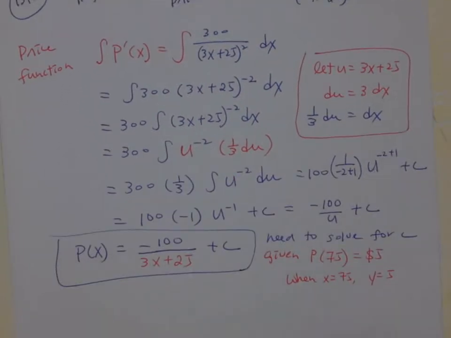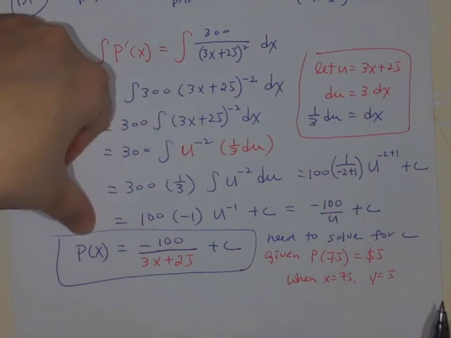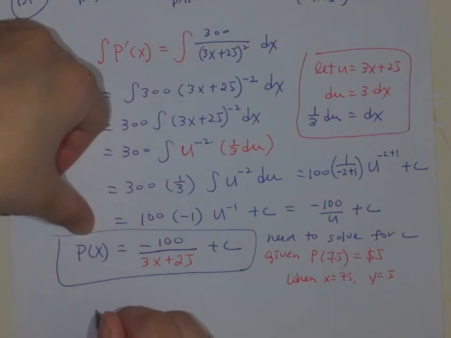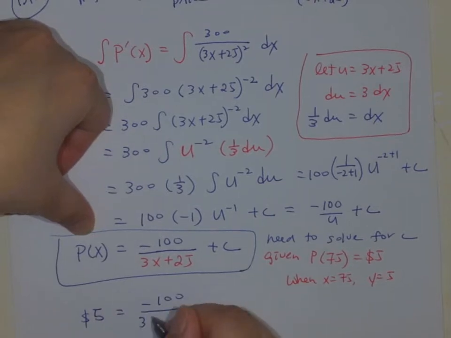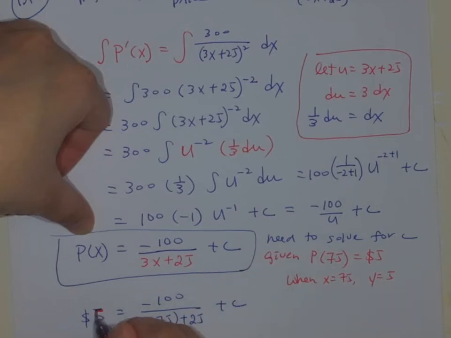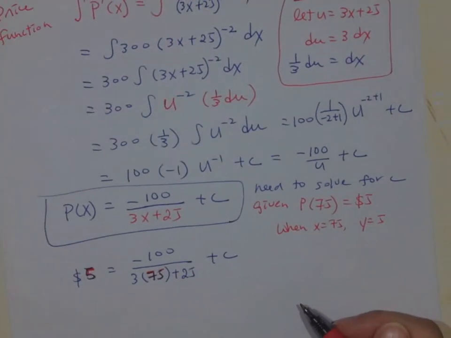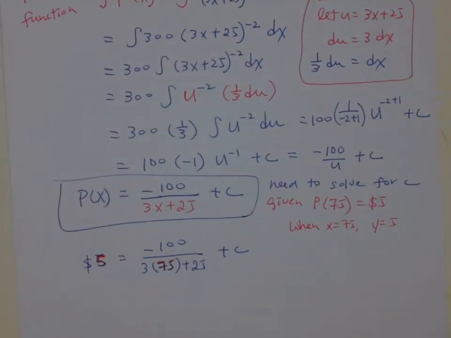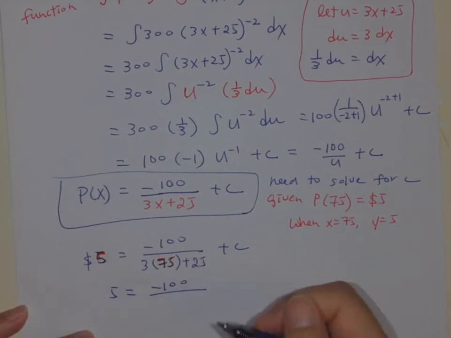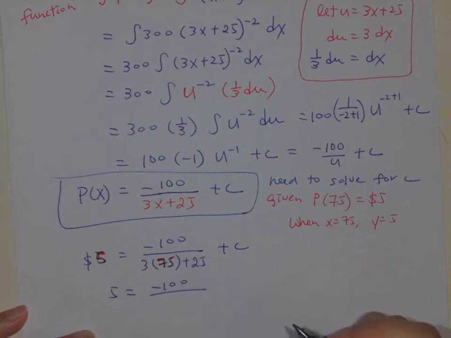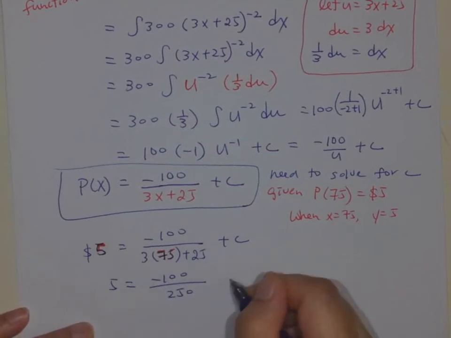Okay, so we use it to plug it in, the p of x is $5 equal to negative 100 over 3 times 75 bottles plus 25, add a c to solve for c, right? So price is $5, 75 bottles. Okay, so let's see how we can simplify this. This is 5 equal to negative 100 over 3 times 75 plus 25 is 250 plus a c.